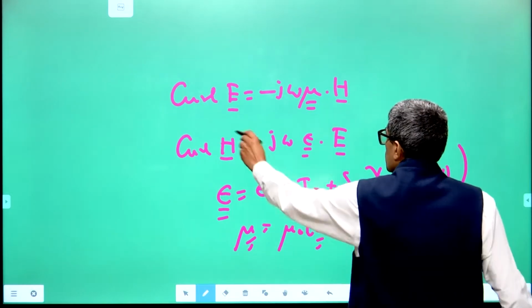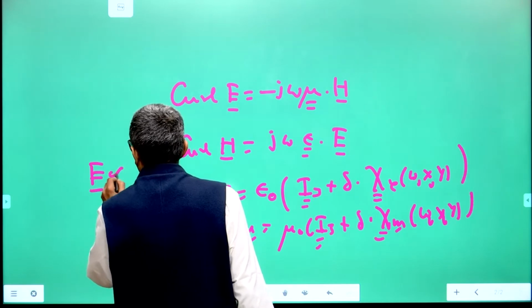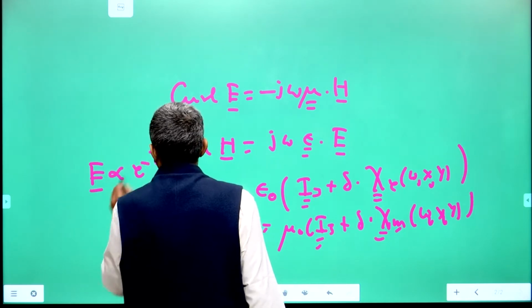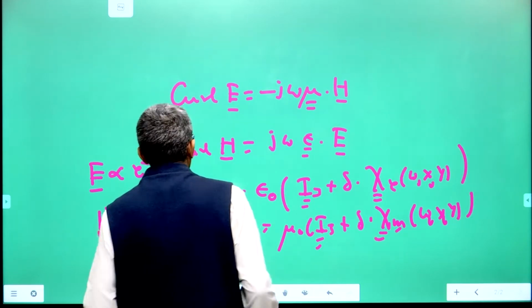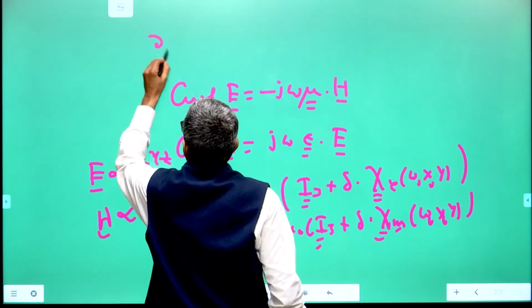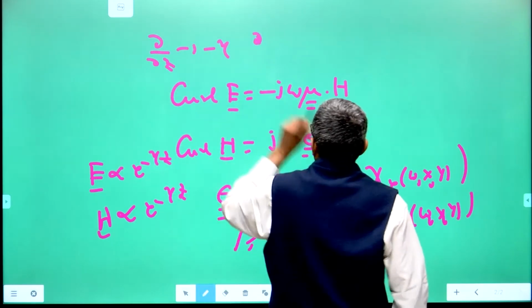And you write down these Maxwell's equations and you take into account that E is proportional to e power minus gamma z and H is also proportional to e power minus gamma z. So, wherever dou by dou z comes, there you replace it by multiplication with minus gamma and you proceed.